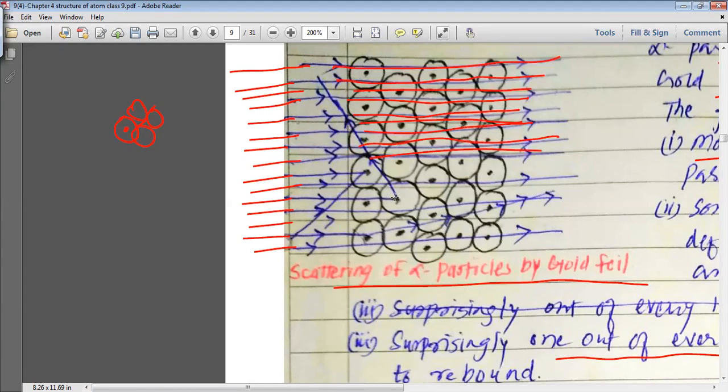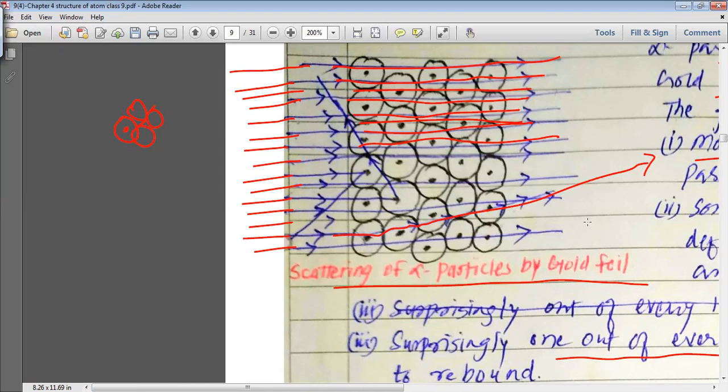No need to worry. They do not change their path and pass straight. But look at this, what happens? Look at this particular alpha particle. What happens? This alpha particle was coming in this direction. Actually, the particle has to go in this direction, but this particle moves in the other direction, this way.